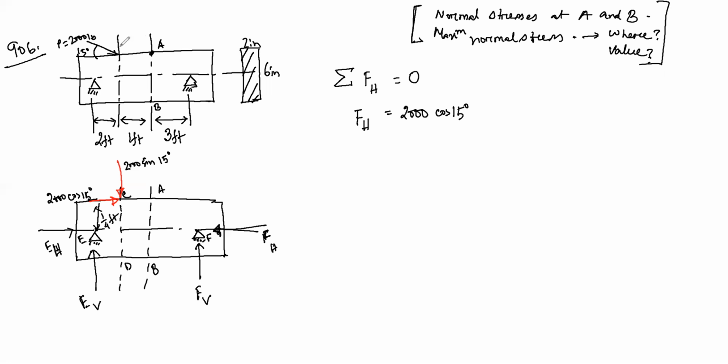Now, there is a difference. Here is a roller support. This is a fixed support. So if a roller support is there, this will not be here. Only the vertical forces will be acting. Only the reaction force will occur.